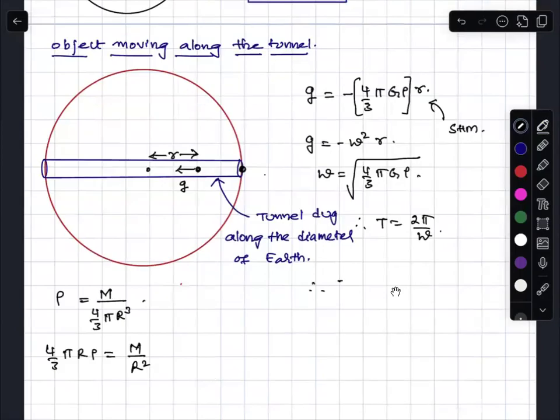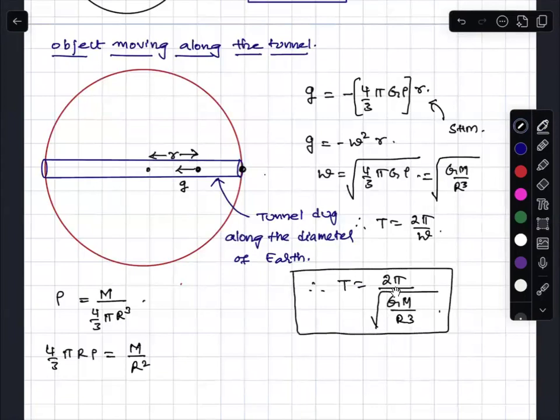So therefore the time period is 2 pi by root of GM by R cube.